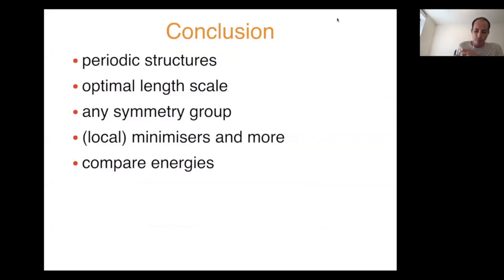You can prove that things are local minimizers or that they are not local minimizers. And you can compare energies because you get very precise estimates for how large the energies are. It's one of the niceties of doing a variational problem: you get some information almost for free.